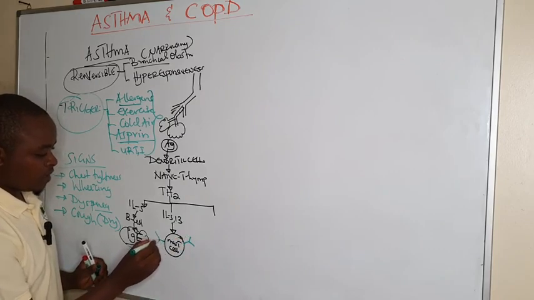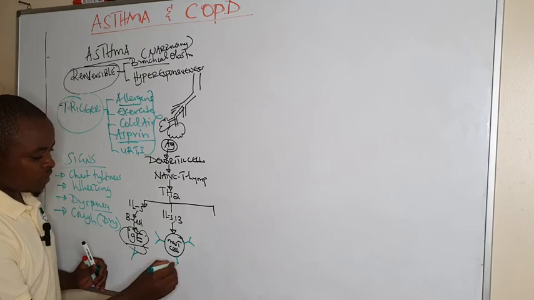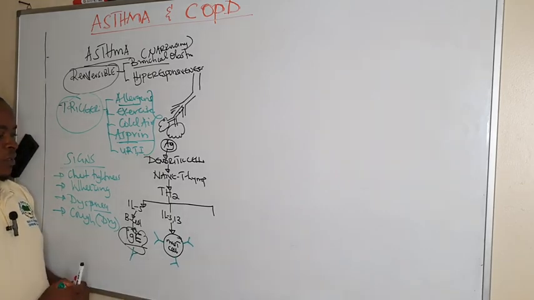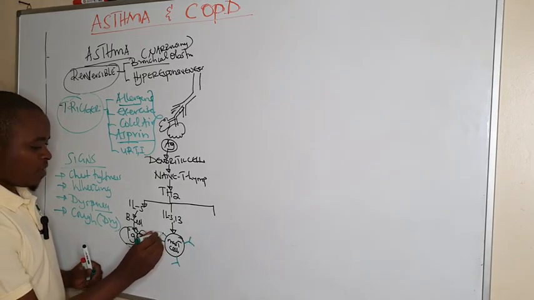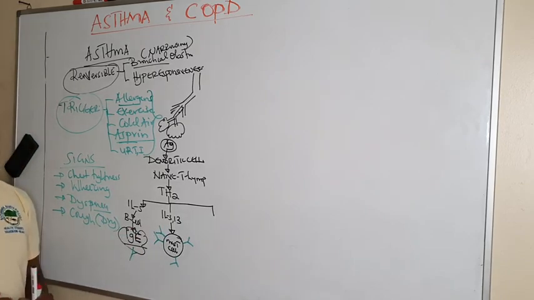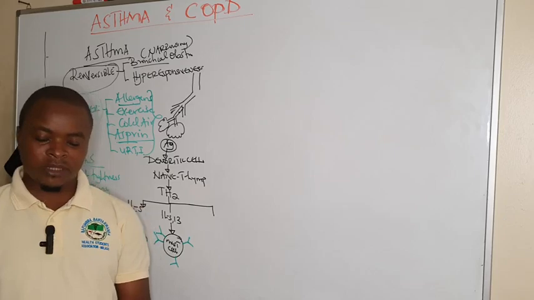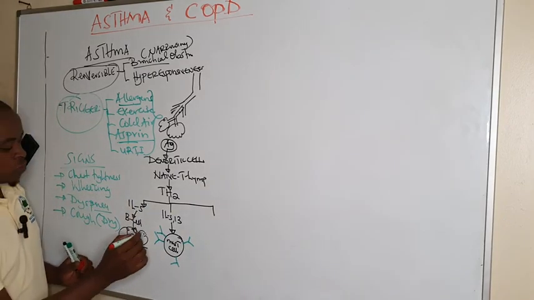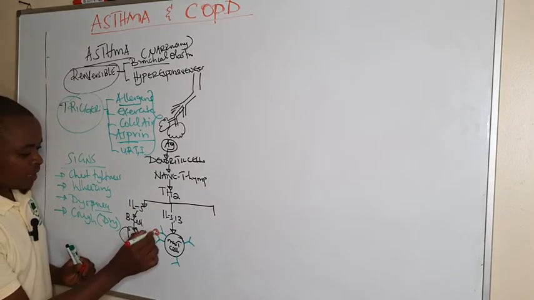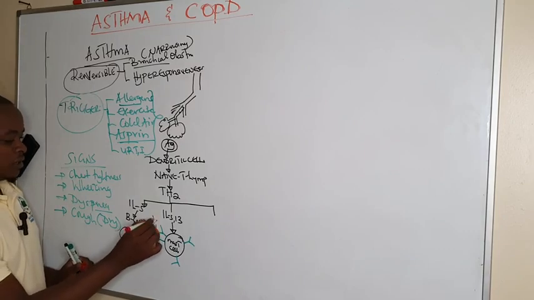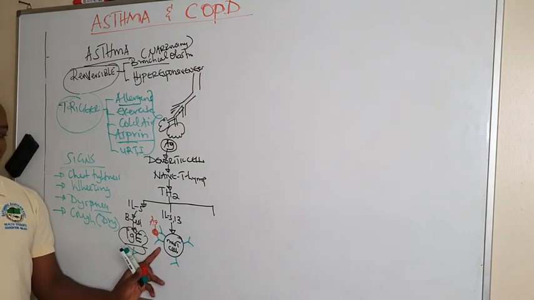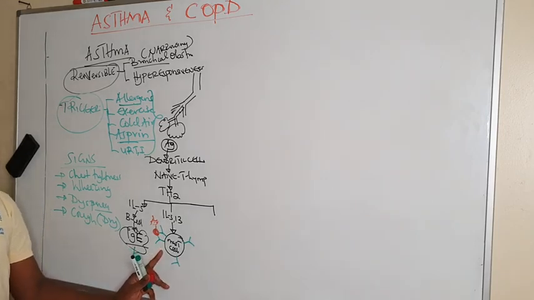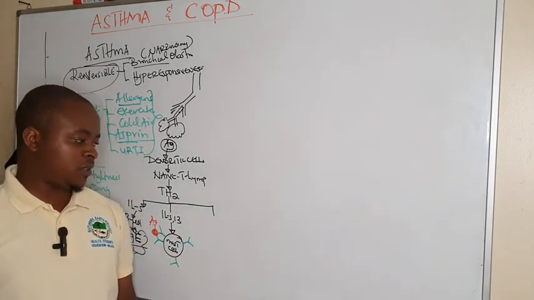They attach on the mast cells using their Fc portion. In the case of another episode of the allergen or the antigen in the environment, it is going to come and trigger the sensitized mast cells. This antigen triggers the sensitized mast cell to undergo degranulation.